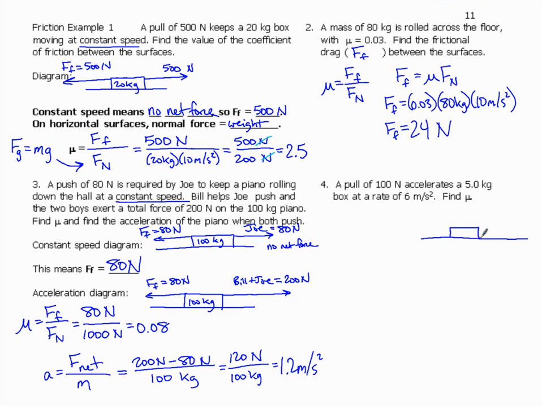Here is the box. The box is 5 kilograms. We know the pull. It is 100 newtons. We know the acceleration is 6 meters per second squared.